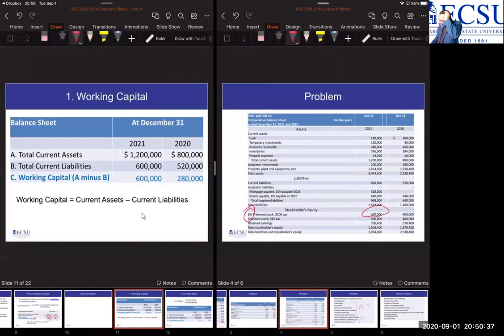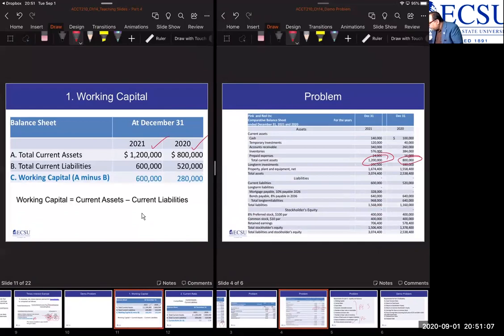Let me clear the previous writing so that we can start afresh. In the balance sheet, you have current assets of 1,200,000 and 800,000 for 2020 and 2021. So that's where I got that figure.